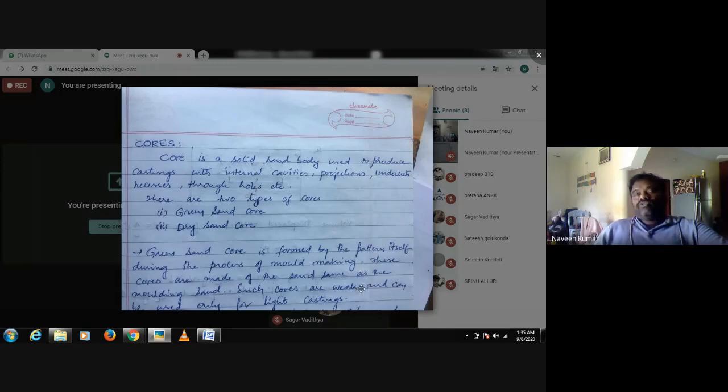These cores are made of sand, same as the molding sand.